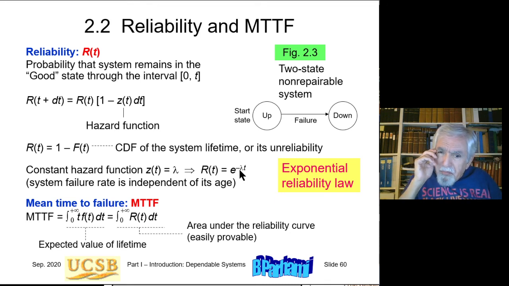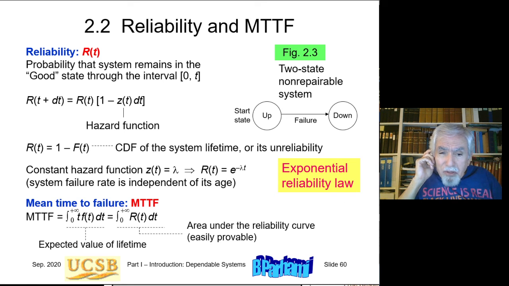That's because there we had n components, and lambda was the per component failure rate. So n lambda that we had there is actually this lambda, which is the overall system failure rate. Okay, so this is known as the exponential reliability law.